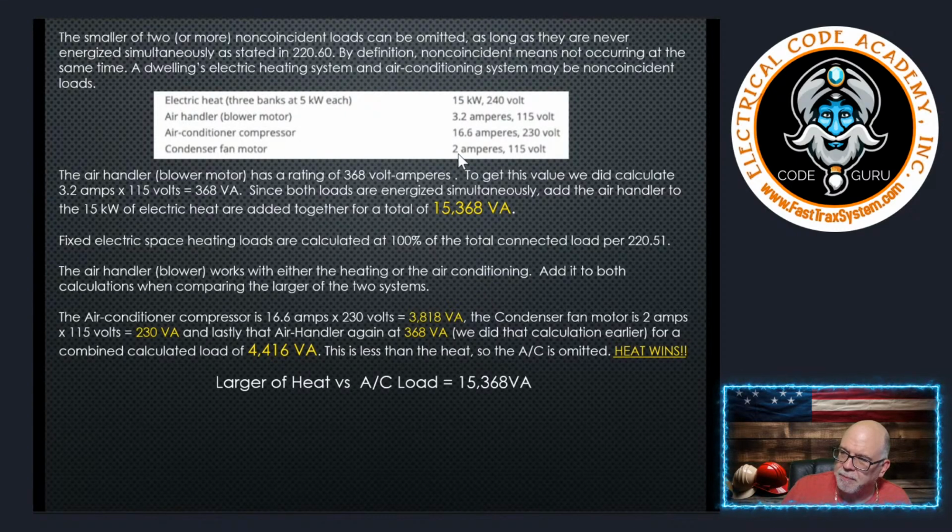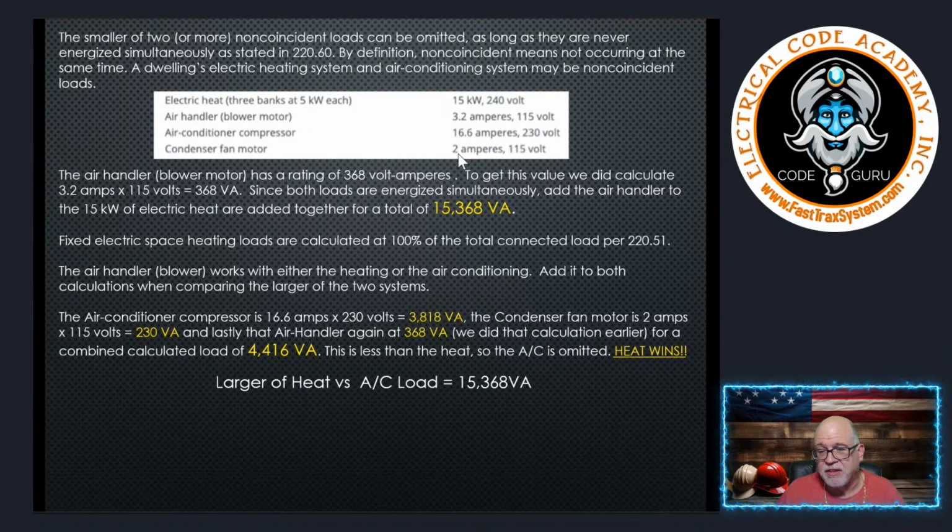That is 2 amperes, 2 amps times 115 volts, that's 230, okay? So that's 230 for the condensing fan. And we already know what the air handler was. That's 368. So we're going to add all these up: 3818 plus 230 plus 368. So that gives me 4,416.